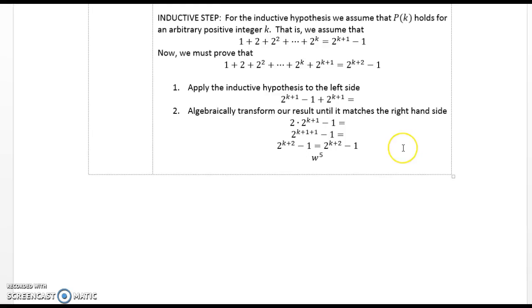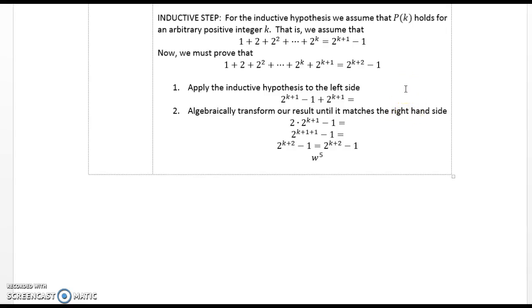The inductive step. For the inductive hypothesis, we assume that P of k holds for an arbitrary positive integer k. That is, we assume that 1 plus 2 plus 2 squared plus ... plus 2 to the k is equal to 2 to the k plus 1 minus 1. Now we must prove that 1 plus 2 to the 2 power plus ... plus 2 to the k plus 2 to the k plus 1 is equal to 2 to the k plus 2 minus 1.